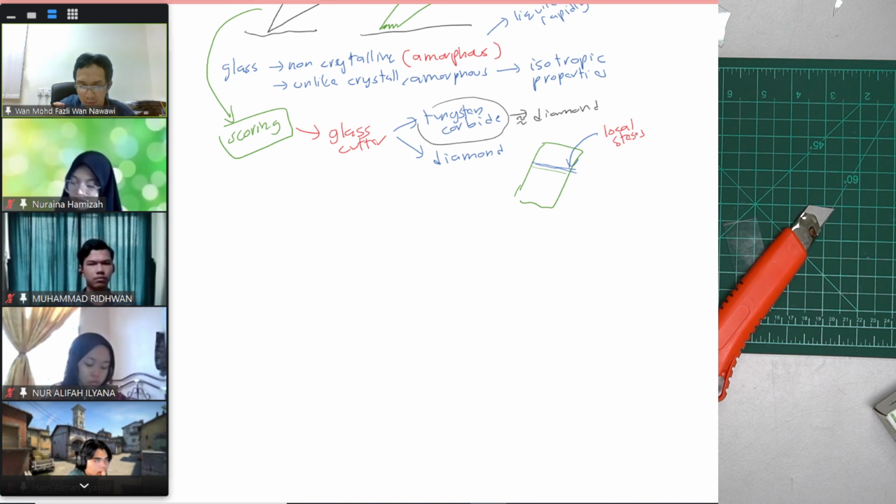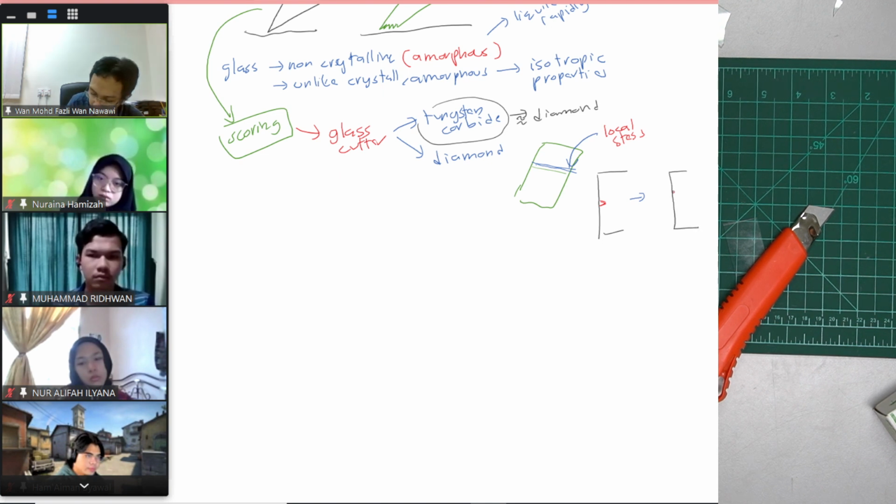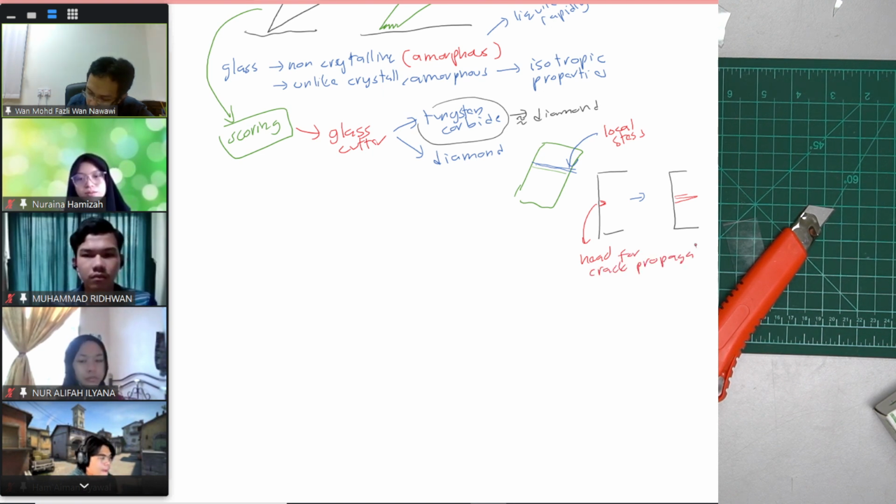You have a crack there, and you induce some crack here, and later this crack will propagate and go like this. It has a direction for crack propagation.